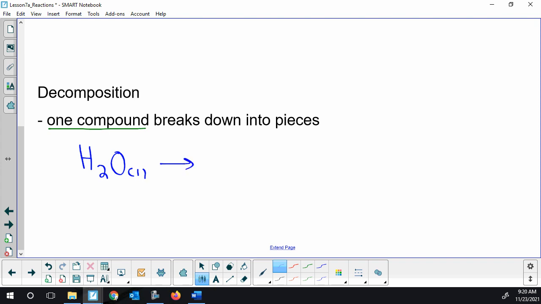And I'll do the decomposition of liquid water first. So water has 2 different elements. If you had a compound that had 3 elements, you'd have to break it into 3 pieces. But we have 2.